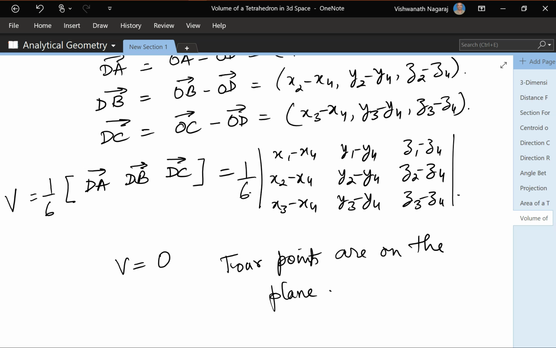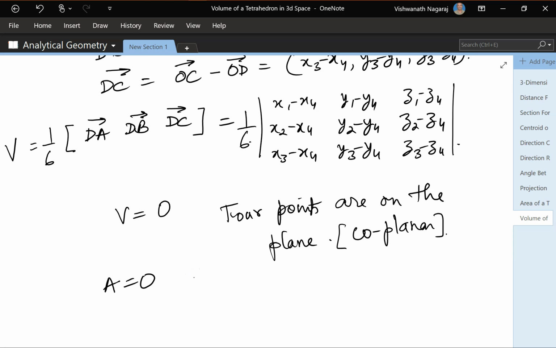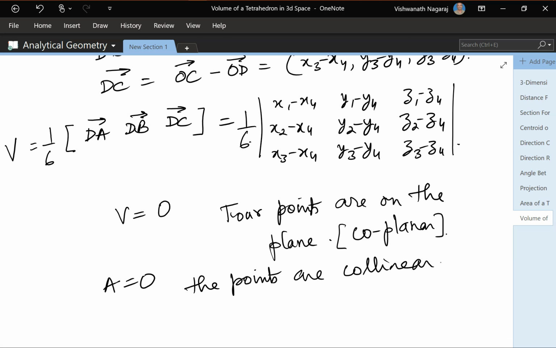By the way, this concept is similar to area: if the area is equal to 0, it means the points are collinear, they are on the same line. Naturally a line doesn't have an area. Similarly, if the volume is 0, they are on the same plane.